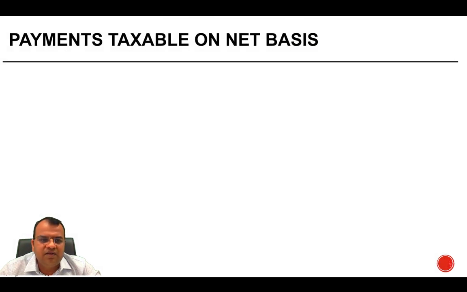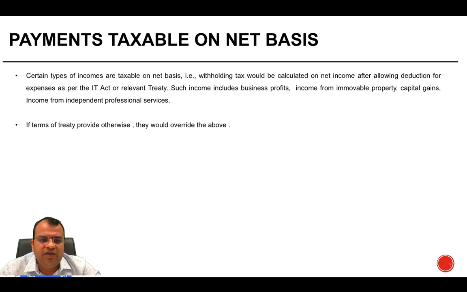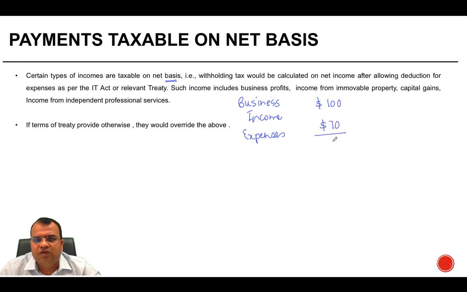Similarly, there are certain payments which are taxable on net basis. So certain types of income are taxable on net basis, which means that suppose you make a payment of business income to a non-resident, amounting to $100. Assuming this income is taxable in India and the non-resident has incurred expenses of, let's say, $70 on this amount, then $30 is his income.